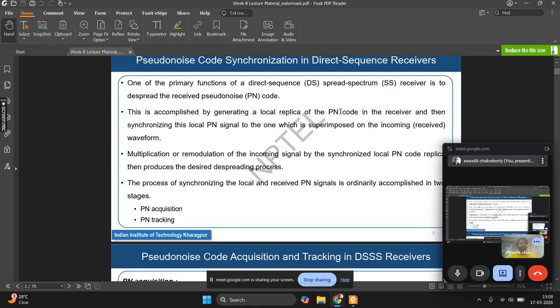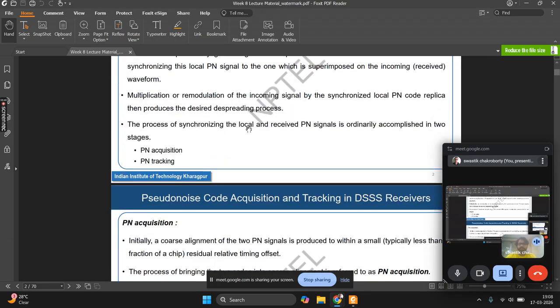The process of synchronizing the local and received PN signals is accomplished in two stages. One is the PN acquisition, where we decide what is the PN sequence that is being transmitted, and another is PN tracking, in which we constantly update any changes in the incoming PN sequence at the local replica of the receiver.